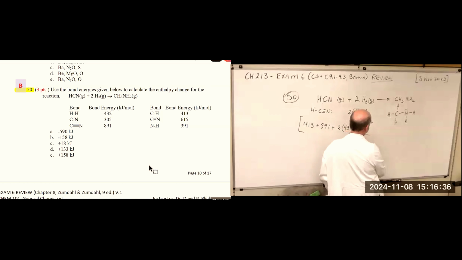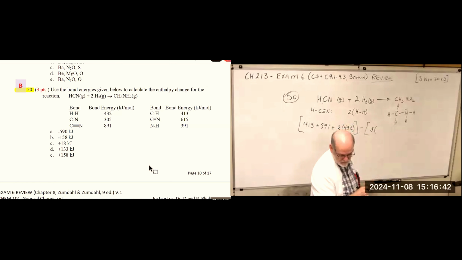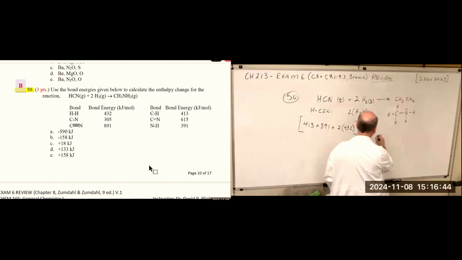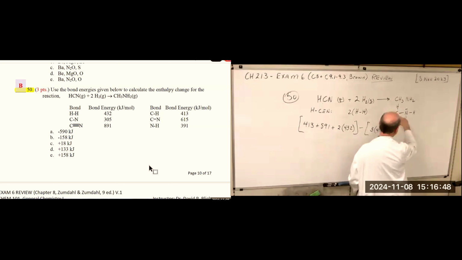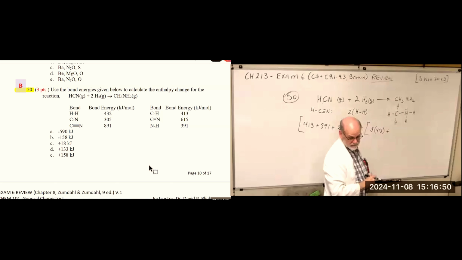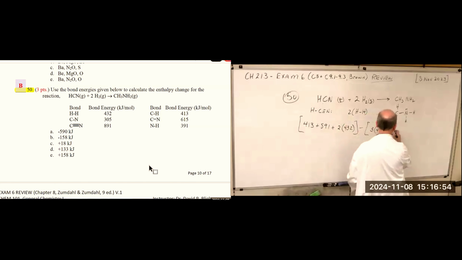Then we subtract 3 carbon hydrogens, 413, plus a carbon nitrogen single bond, carbon nitrogen 305.